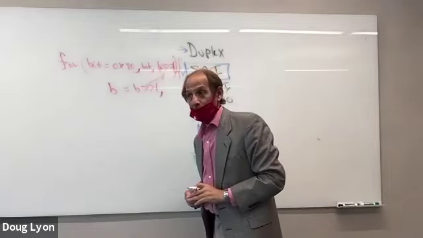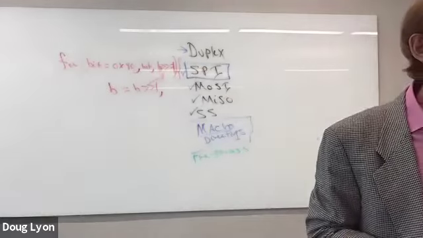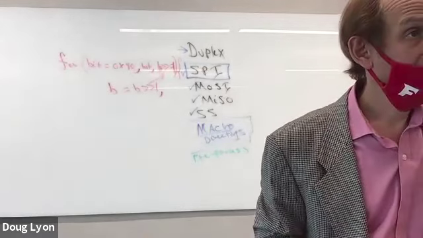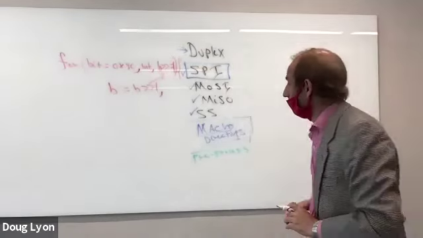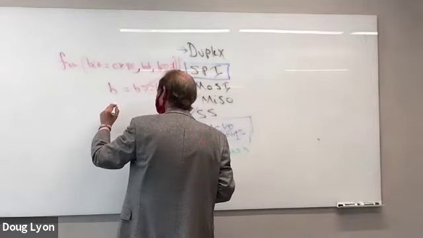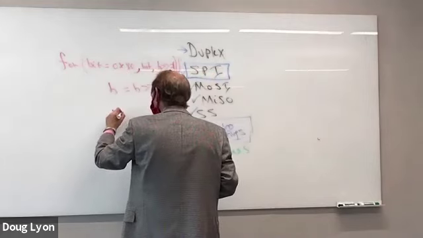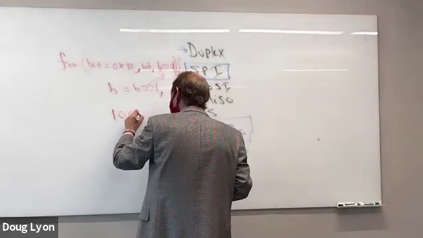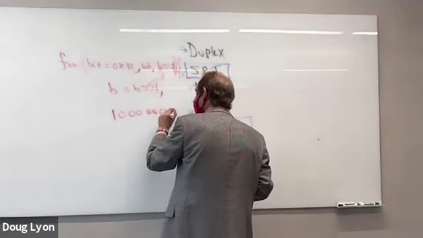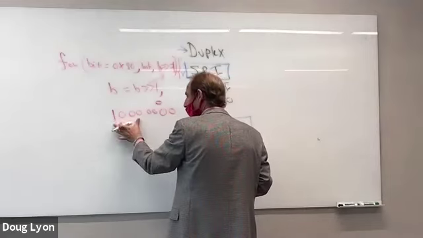And when will it stop? Yes, sir, after 8 times. What is 80? This is a hexadecimal number, right? So that's going to be 1 0 0 0 0 0 0 0. There's hex number 0, here's hex number 8.